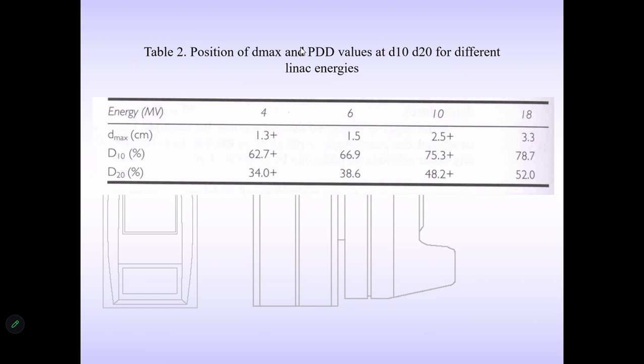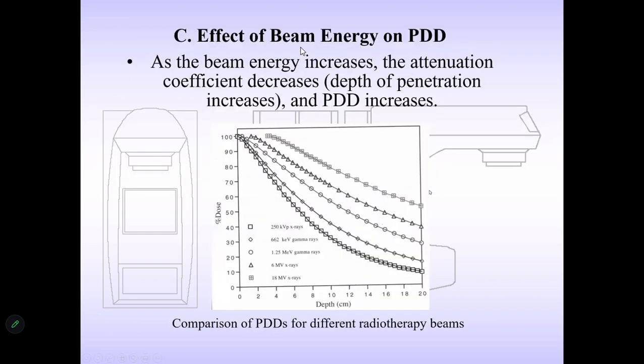So if you're calibrating a machine, you need to remember two depths: the depth where you're putting your ion chamber, and the depth at which you're specifying your calibration factor.